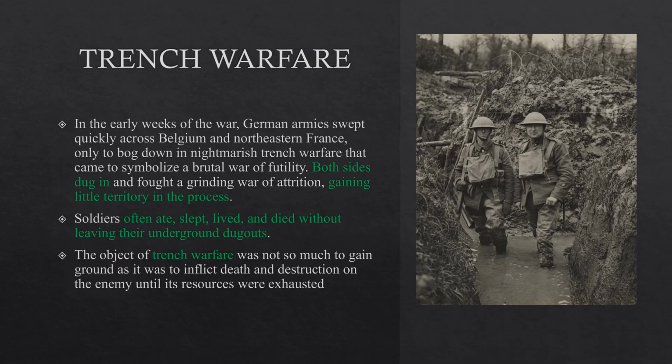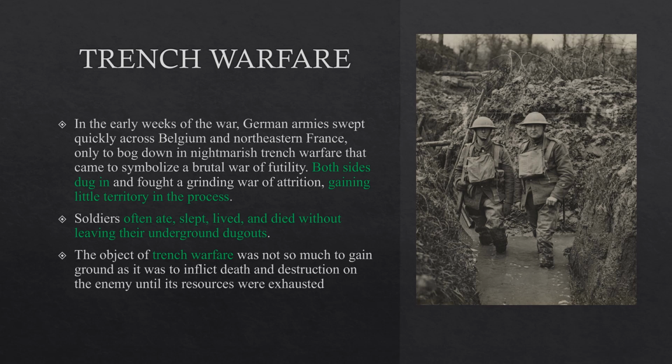So there are a lot of things that stand out in World War One, and one of the things that is kind of like the emblem of the war is trench warfare. In the early weeks of the war, German armies swept across Belgium and northeastern France, only to bog down in this nightmarish trench warfare that came to symbolize a brutal war of futility.